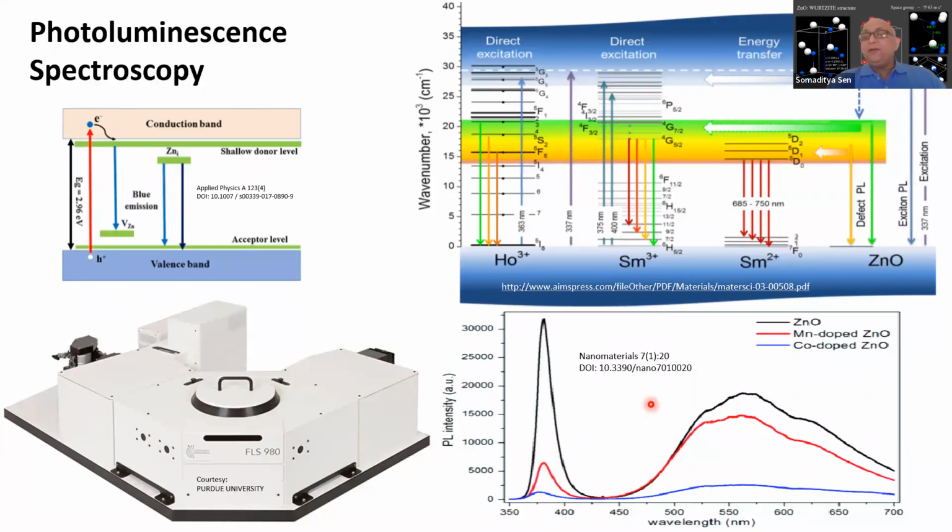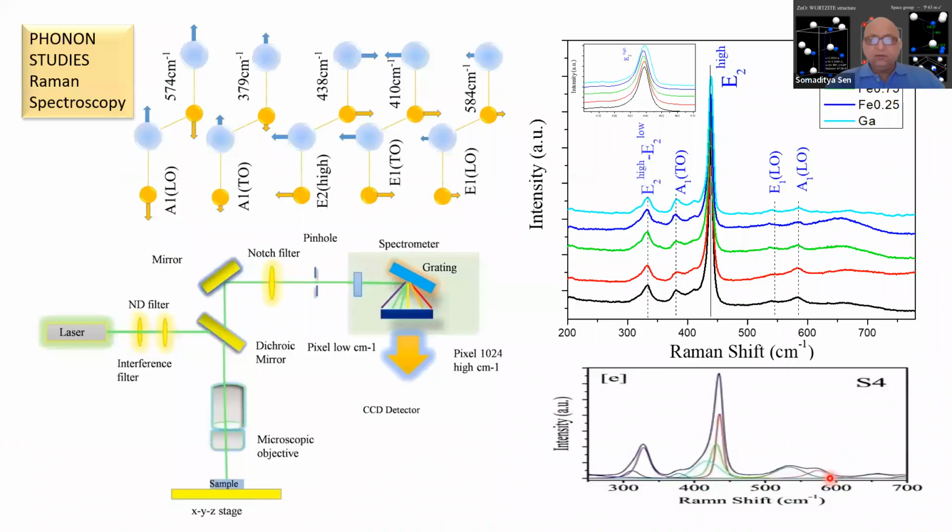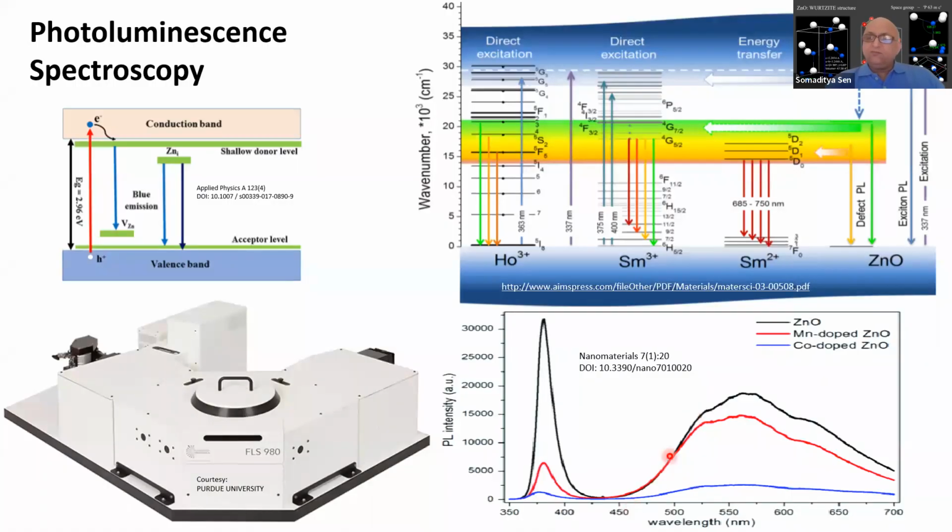But apart from that, depending on the defect states, there can be a deep level emission, which is a broad hump-like structure. Generally in zinc oxide, we can fit this data with different Gaussian peaks, and different contributions corresponding to those energies that are allowed within the band gap can be justified to replicate the spectra.